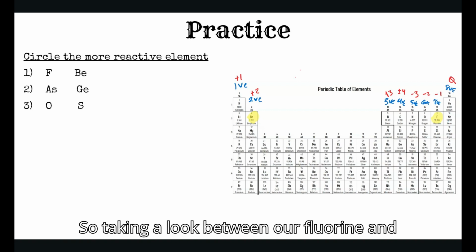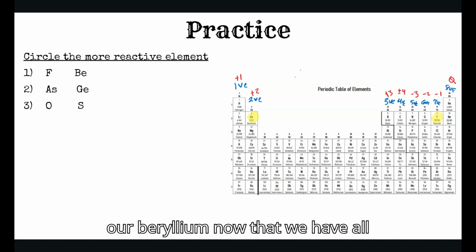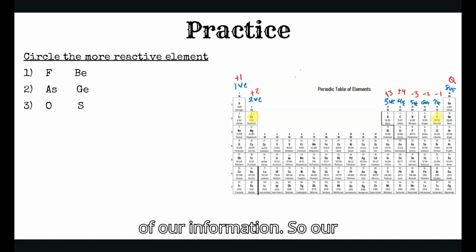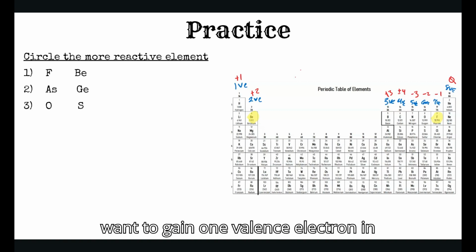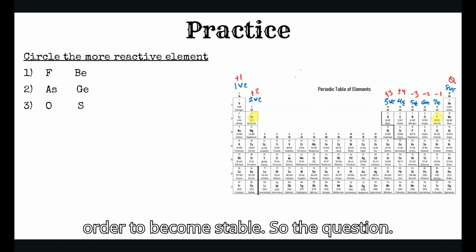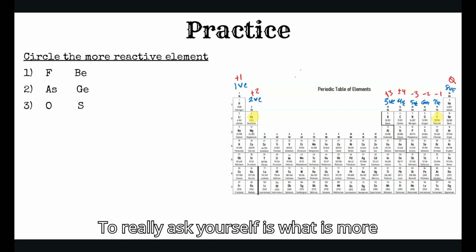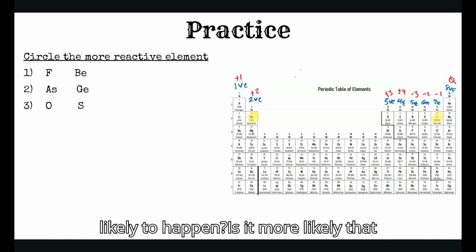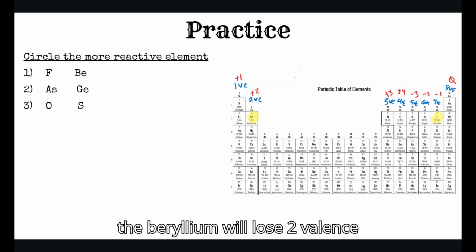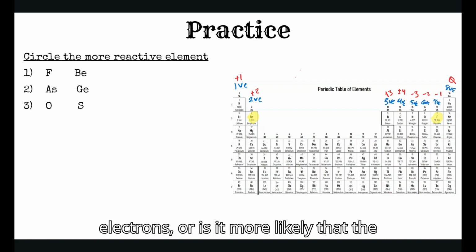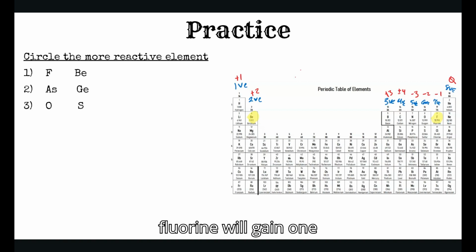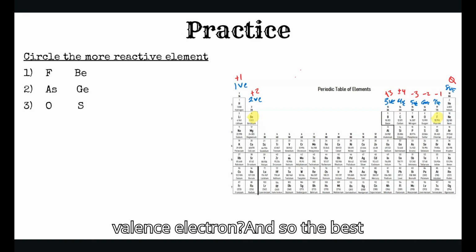So, taking a look between our fluorine and our beryllium now that we have all of our information. Our beryllium will want to lose 2 valence electrons in order to become stable. Our fluorine will want to gain 1 valence electron in order to become stable. So the question to really ask yourself is, what is more likely to happen? Is it more likely that the beryllium will lose 2 valence electrons, or is it more likely that the fluorine will gain 1 valence electron?